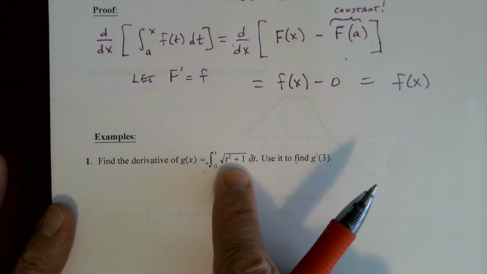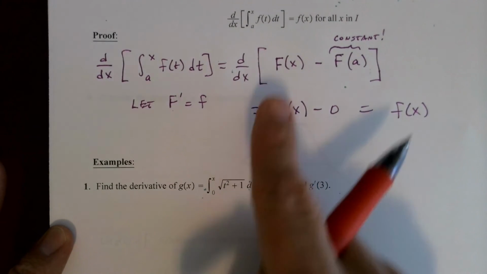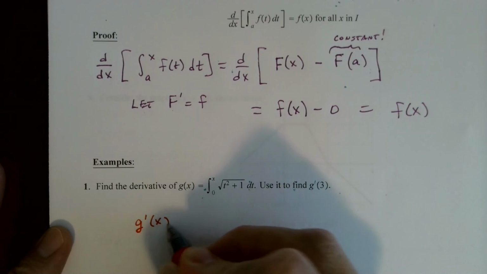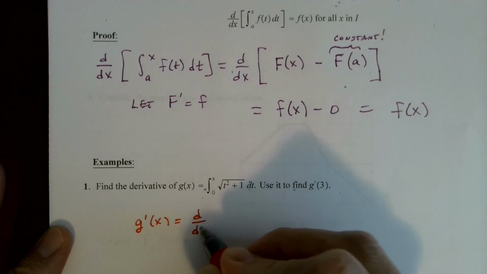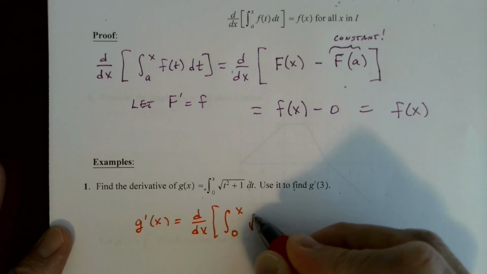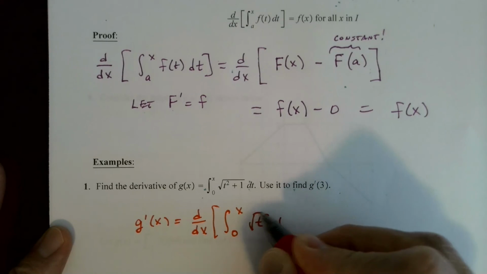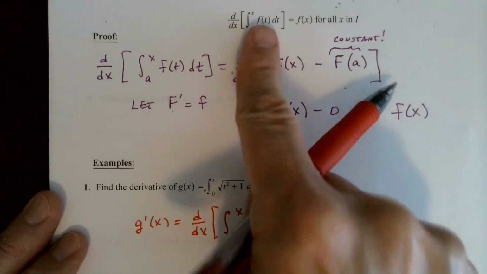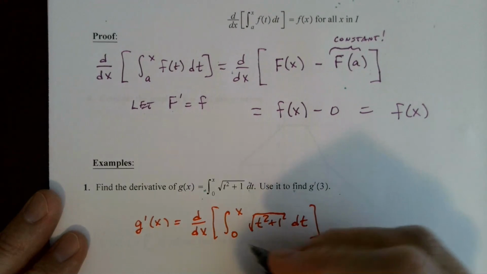And so let's use what we learned up here though, right? So what does this say? This says g prime of x is going to be the derivative with respect to x of this stuff, the integral from 0 to x of the square root of t squared plus 1 dt. And so matching this up with here, this right here is the f of t.